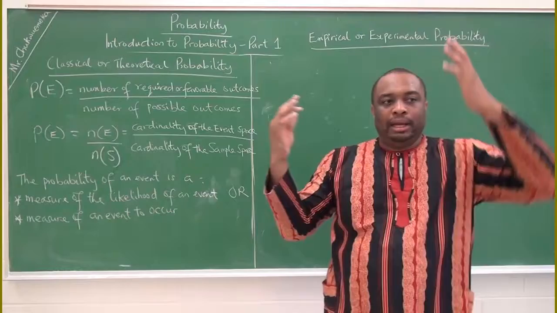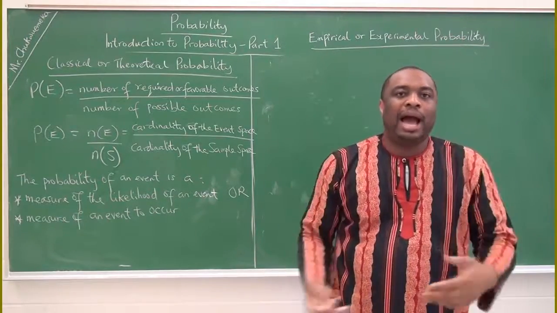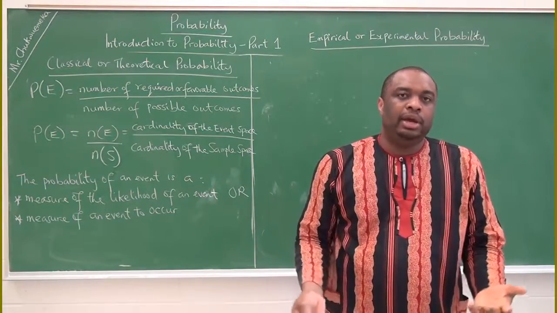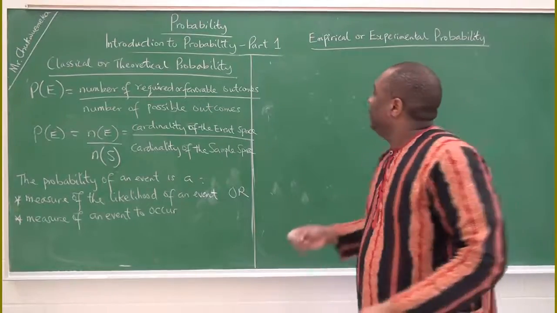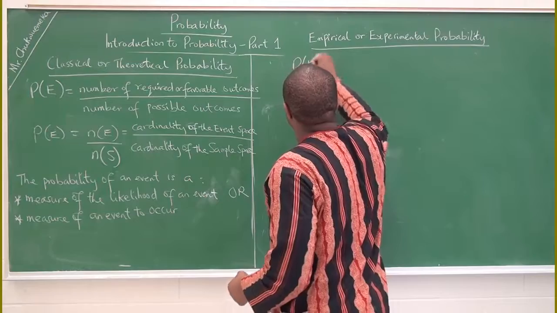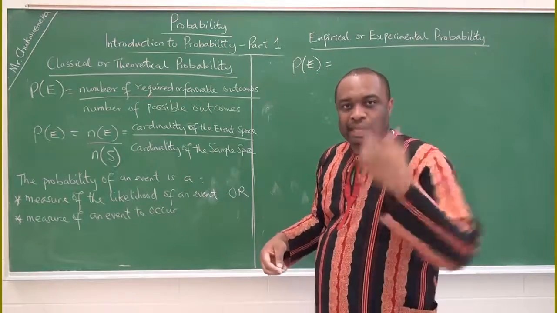It is a situation whereby all the outcomes of the event do not have equal probability of occurrence or equal likelihood of occurring. In this case, you have to do experiments repeatedly.